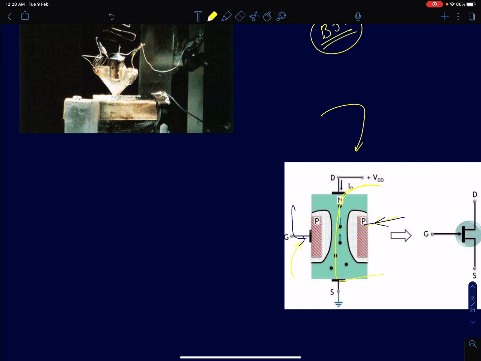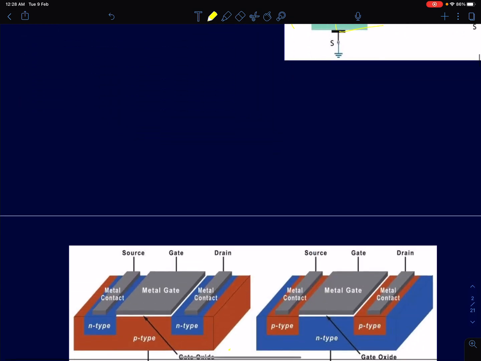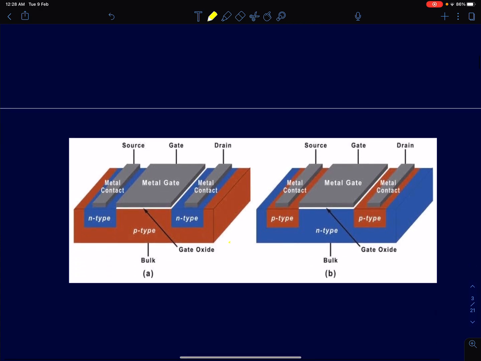Then in the late 1950s and 60s, a new device was built, going back to the same idea of the field effect device, and that device was the MOSFET. In the MOSFET, between the semiconductor and the metal gate, the new idea was to introduce silicon dioxide, and that resolved the problems they were facing previously.